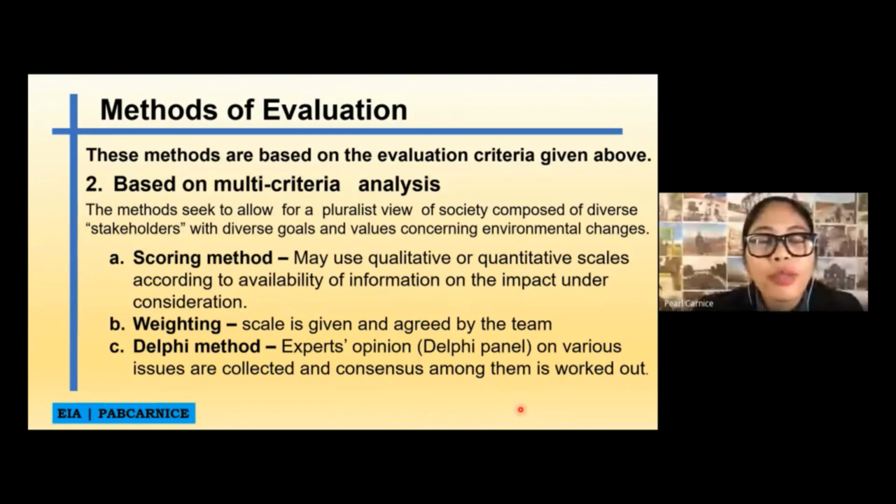On each round, you tally the results and look at which of the predicted impacts would likely happen based on the panel of experts' opinion. Then again on the next round, the second, third, fourth, and so on. Then you make an average, and from that, you can identify which among the predicted impacts would likely happen based on the experts' opinion. So that's basically the Delphi panel.